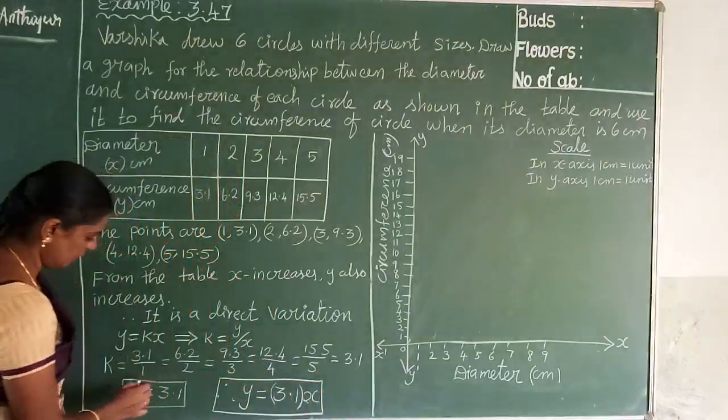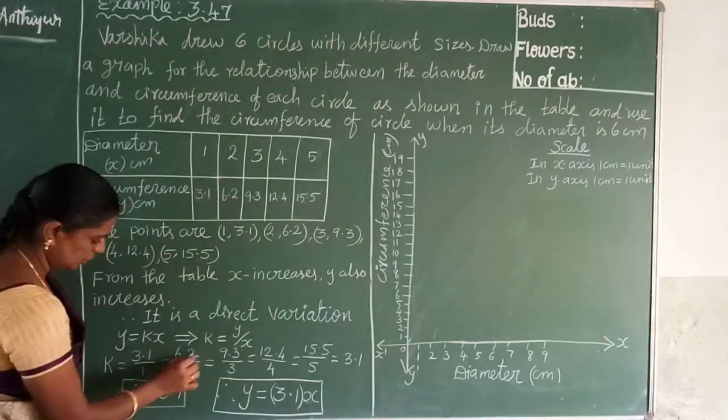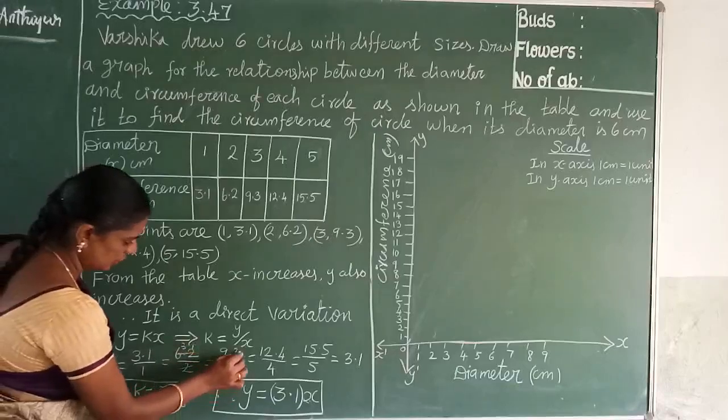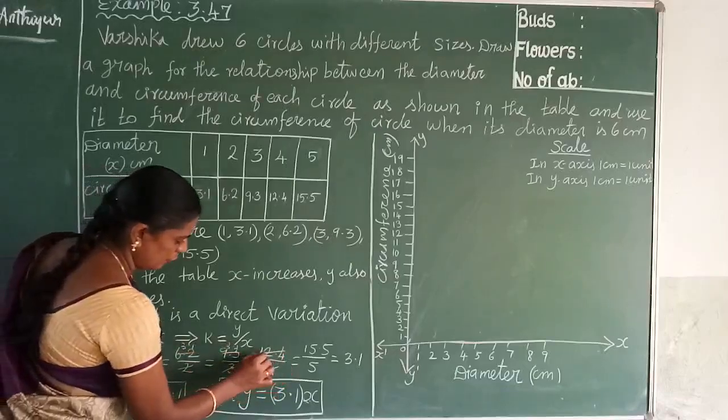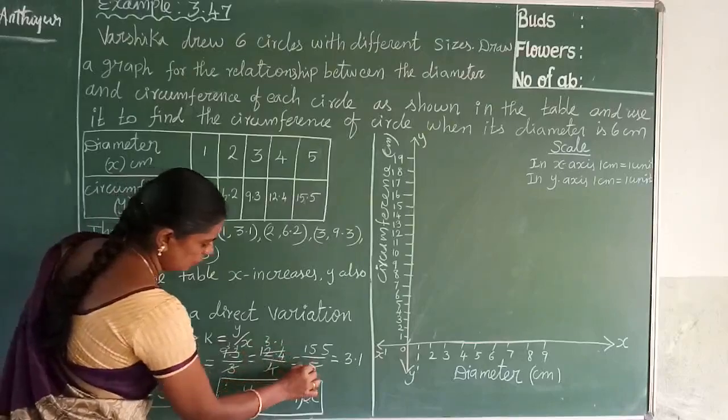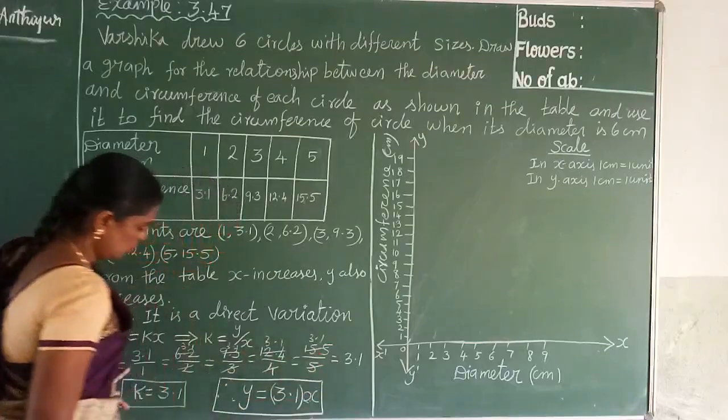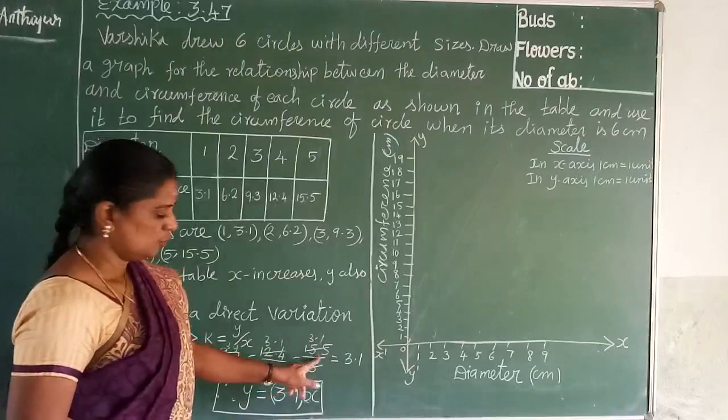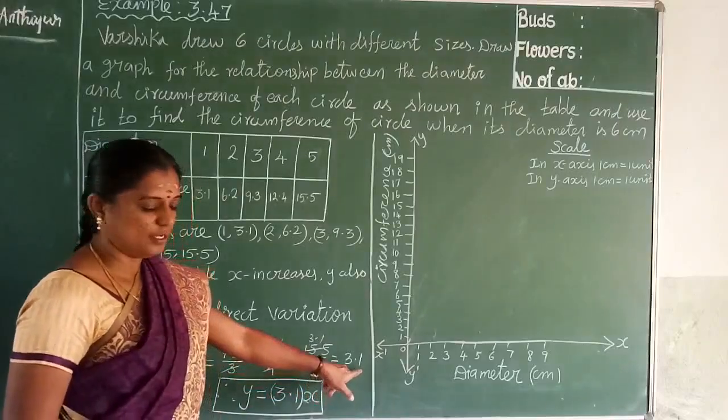To simplify, what do we get? 3.1, 3.1, 3.1, 3.1, 3.1. So all the answers are equal. So 3.1 is the k value.